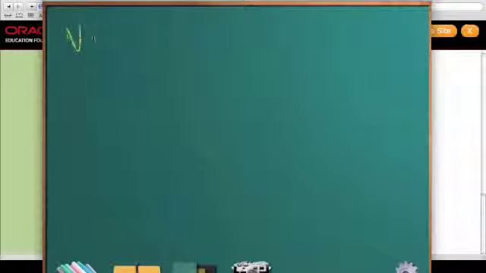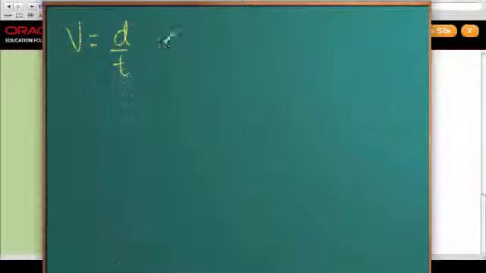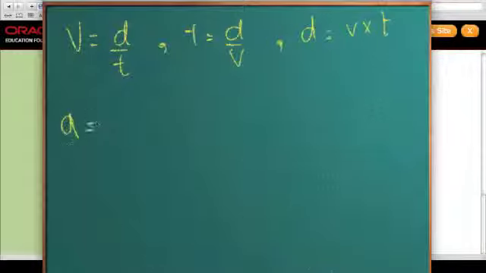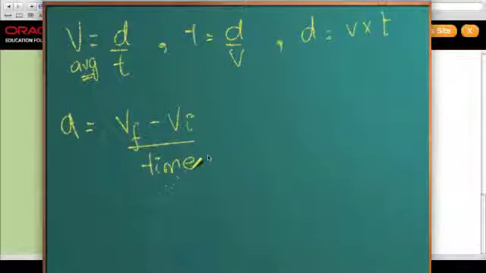For velocity, the formula is v is equal to d over t. For time, just switch the formula to d over v. For distance, velocity times time. For acceleration, the velocity is average. For acceleration, the formula becomes final velocity minus initial velocity over change in time, which means delta v over delta t.